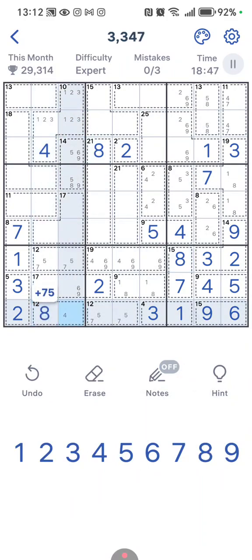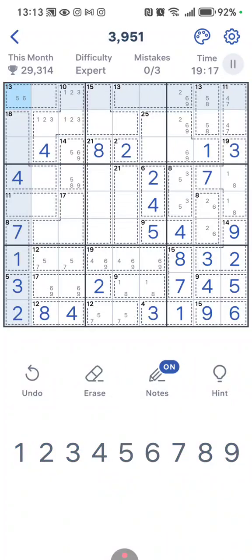Means that's 8 and that's 4. Okay, that means that can't be 4 because there's a 7 in there, so this has to be a 4. But that's a 2. This means that this can only be 5, 6, 7, and 8, and it can't be 7 in here.